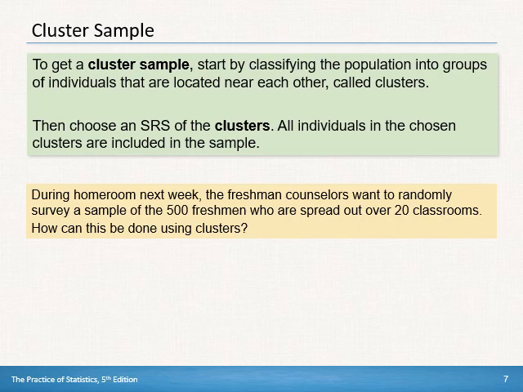So they randomly choose, using an SRS, 2 of the 20 classrooms or homerooms. And then they go to those 2 selected homerooms, and everyone in that homeroom or in that class gets a survey. Okay, and this is called clustering.